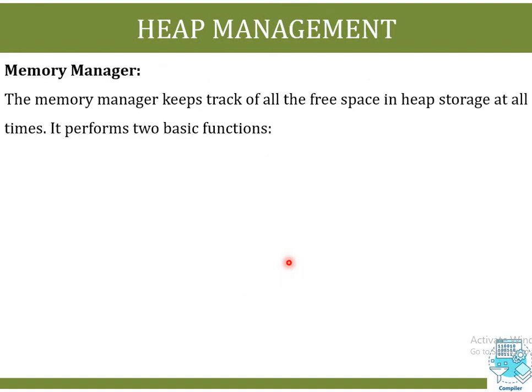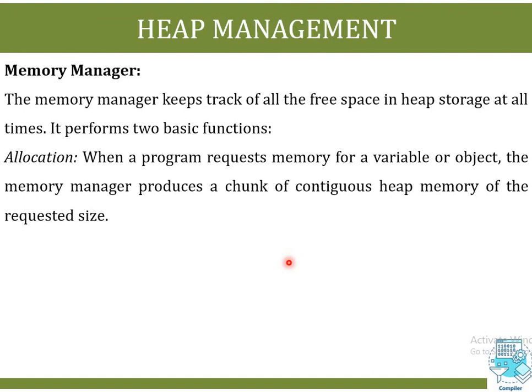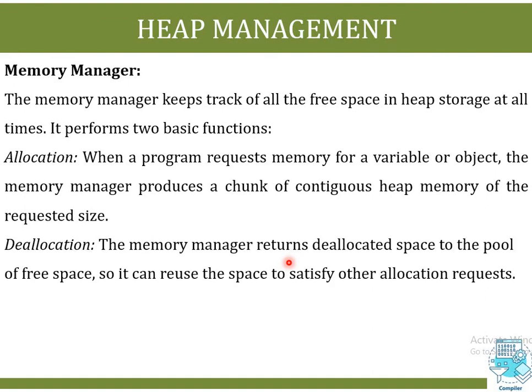Now the memory manager performs two basic functions: one is allocation and the other is deallocation. Whenever a program requests memory for a variable or an object, the memory manager produces a chunk of memory from the heap. Based on the size requested, it will allocate the memory accordingly.